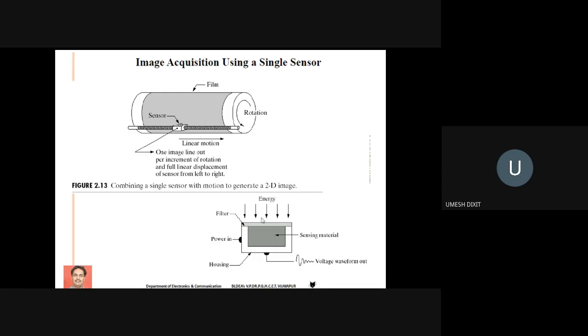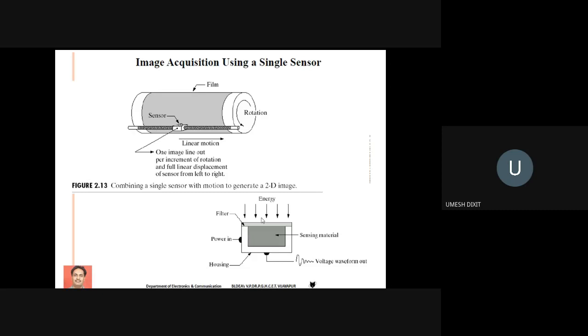If you just look at the characteristics of the photodiode, the electrical characteristics or the current flowing through the diode, it depends on the amount of light falling on the photodiode. The electrical current through the diode is going to vary with the amount of light falling on the photodiode. Okay, this photodiode can be used as a single sensor to capture the image.